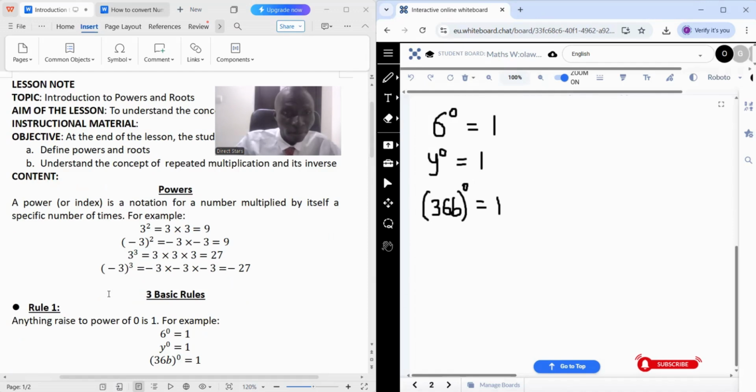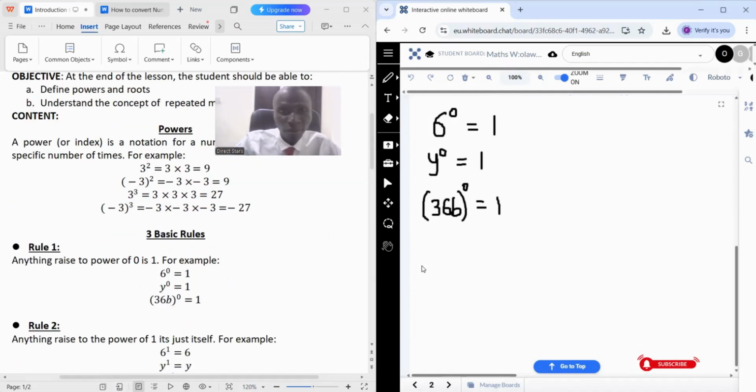To the second rule, anything raised to the power of 1 is just itself. So here, if we have 6 raised to the power 1, we have this to be 6.